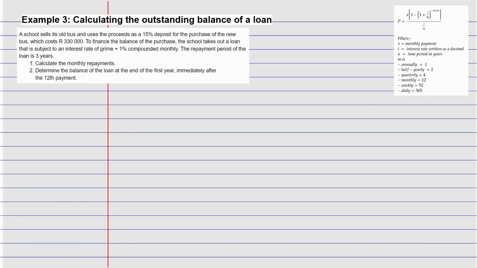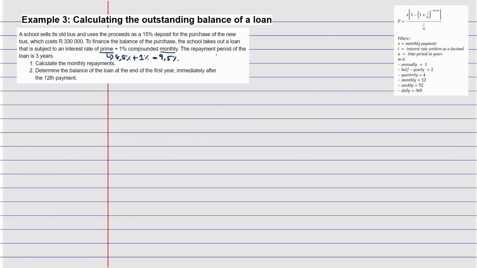If they say the interest of prime, just know that prime means 8.5 plus 1%. So the interest compounded here is 8.5 plus 1%, which is basically 9.5%, compounded monthly, right?